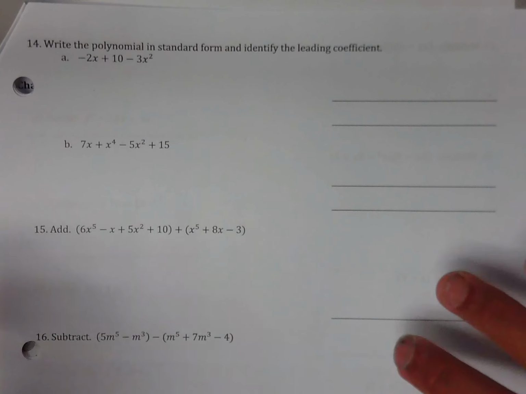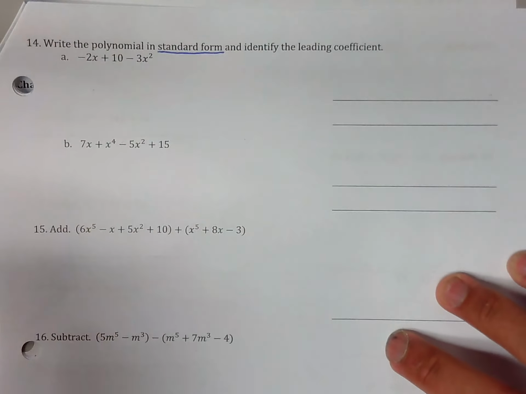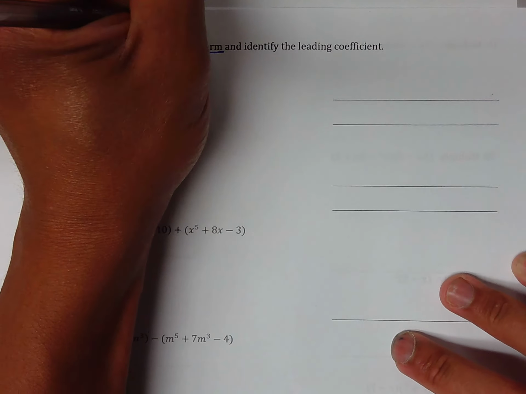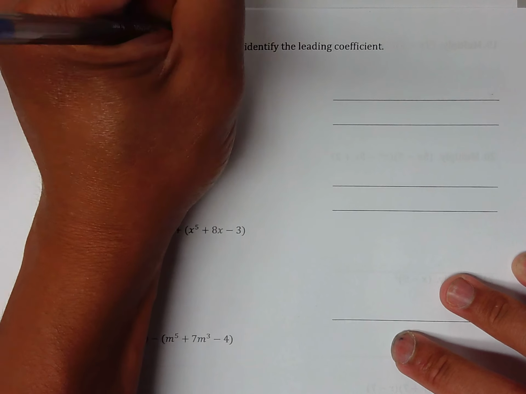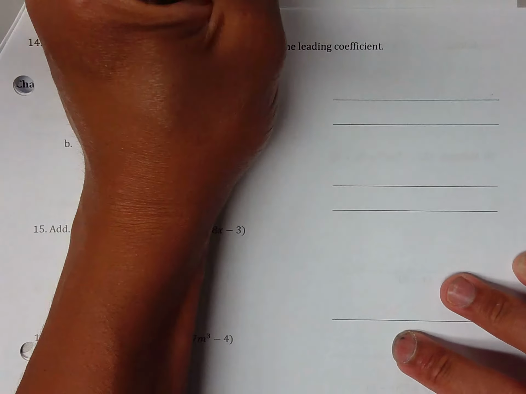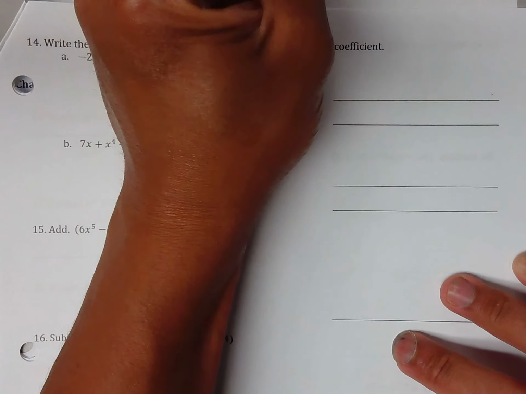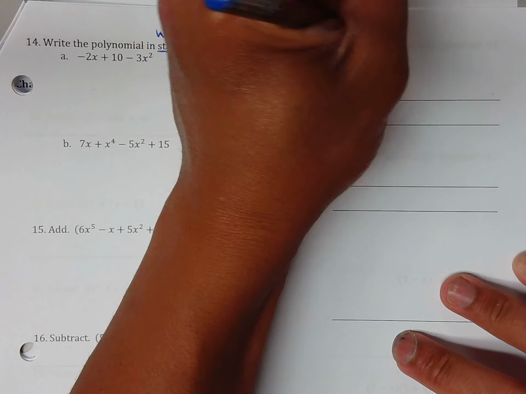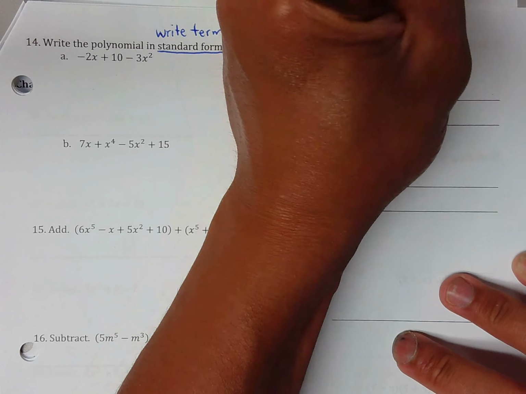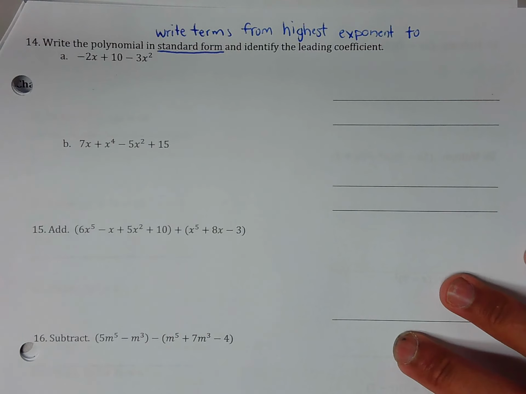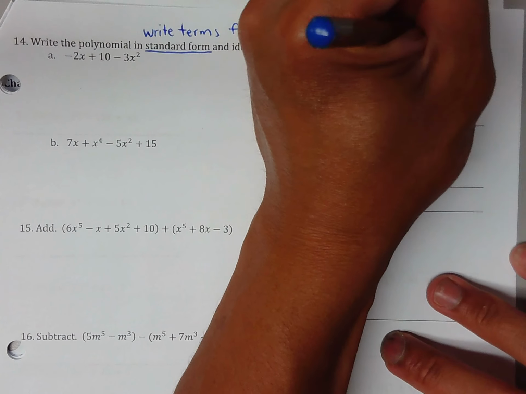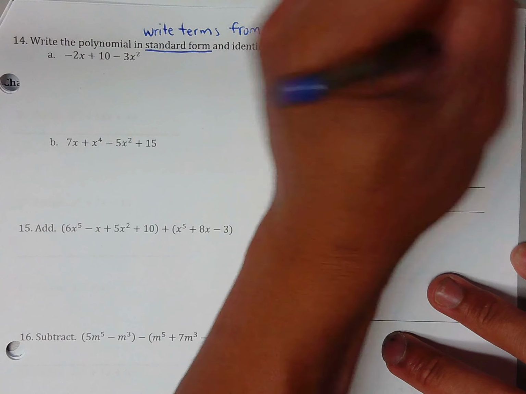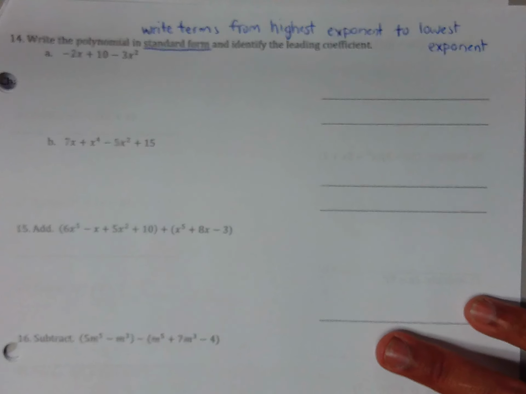So standard form, this just means to write terms from highest exponent to lowest exponent. Highest exponent to lowest exponent, right?